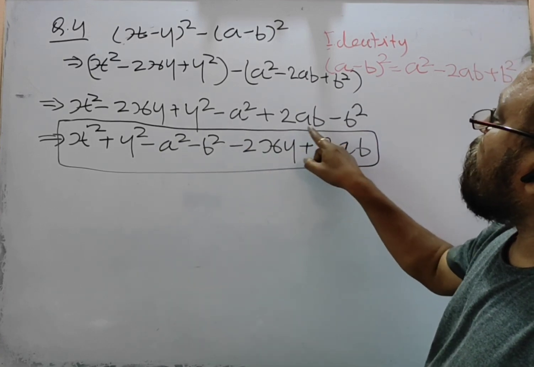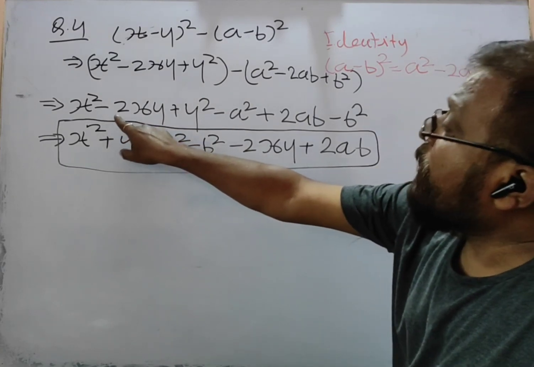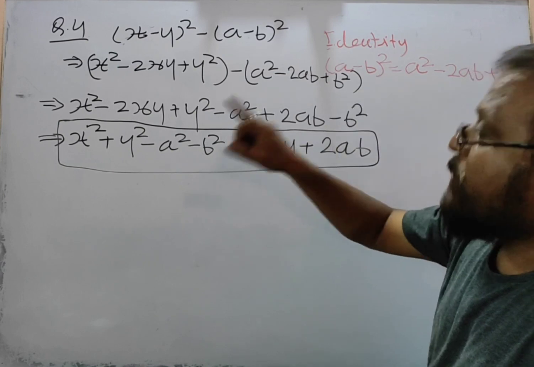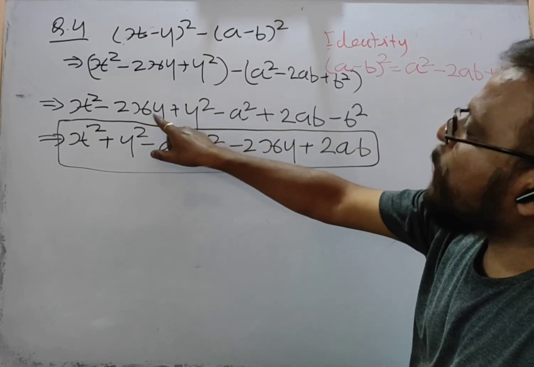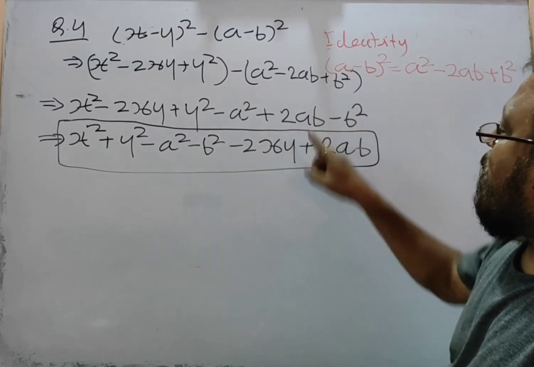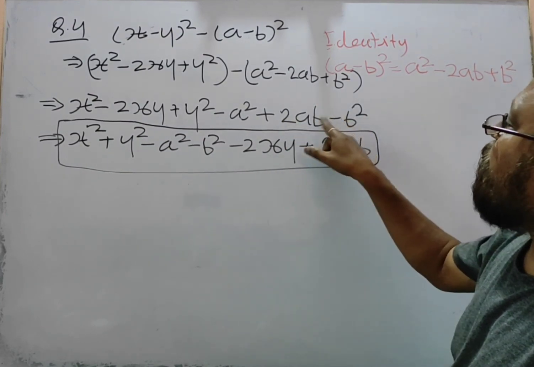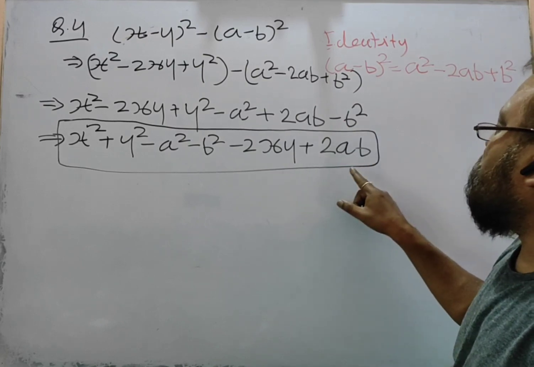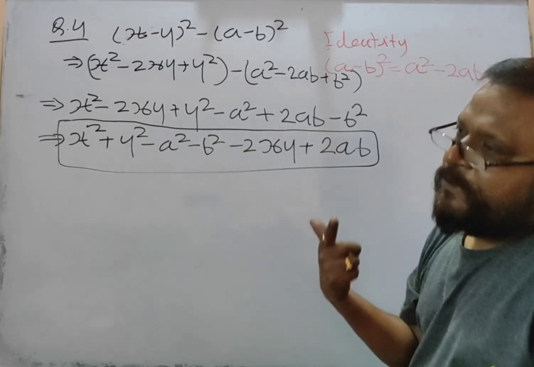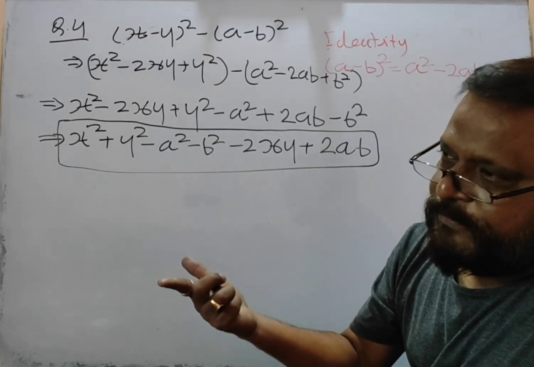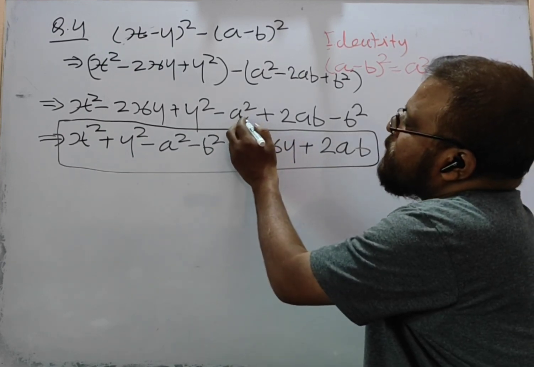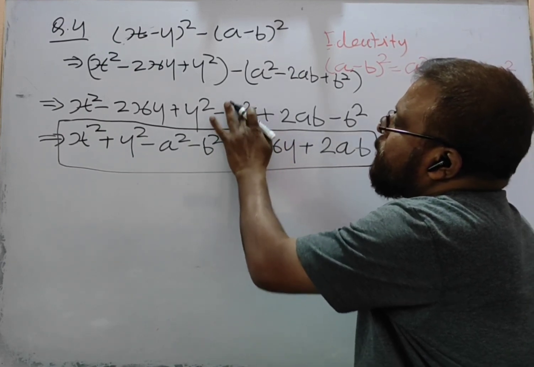In front of 2xy there is minus, so I write minus 2xy, and plus in front of 2ab, so I write plus 2ab. Whatever sign is in front of the number belongs to the number, right?